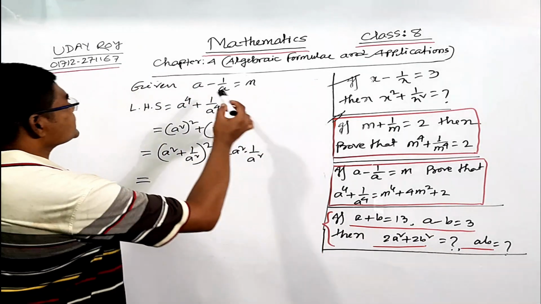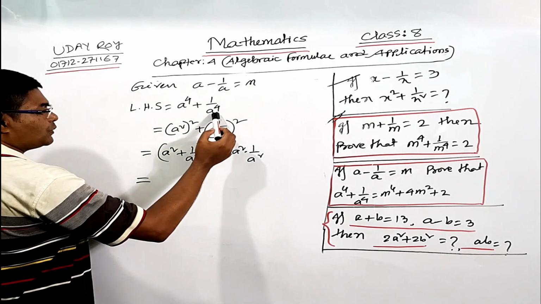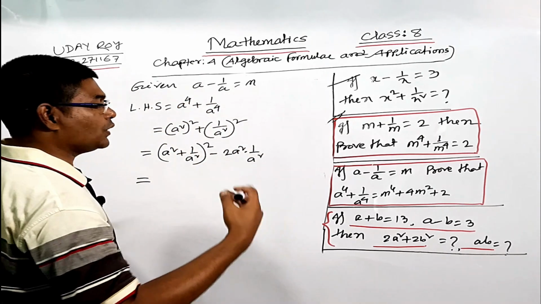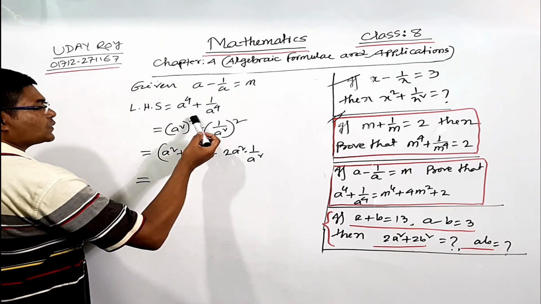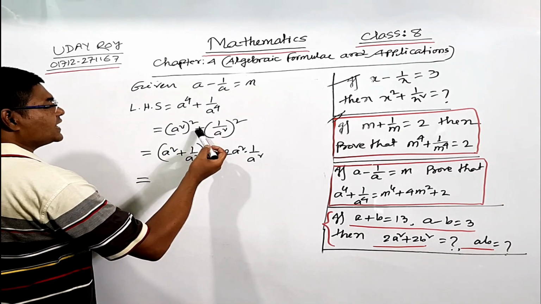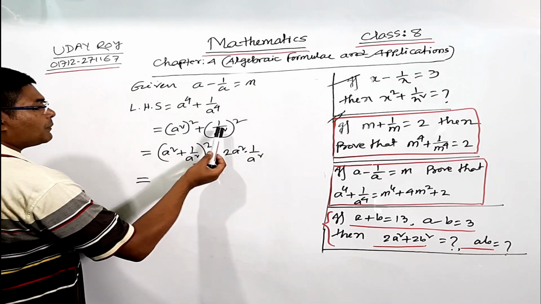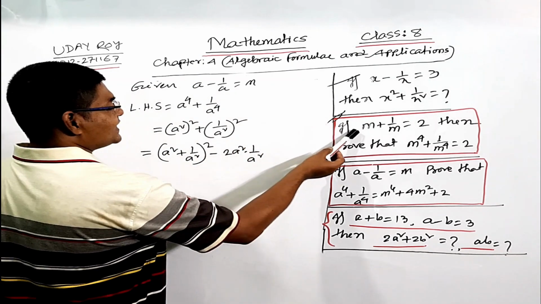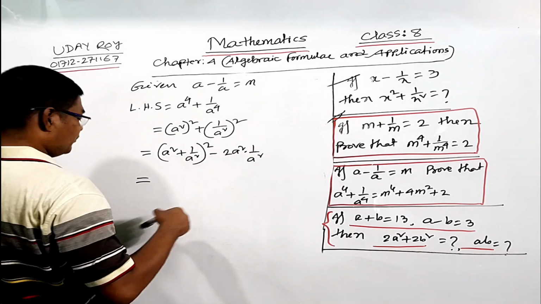So if you can see a minus 1 by a equal to m, a to the power 4 plus 1 by a to the power 4, you have to prove that. Here is a square then whole square, plus 1 by a square whole square. So we have got a square plus b square, same as this maths, a plus b whole square minus twice ab.